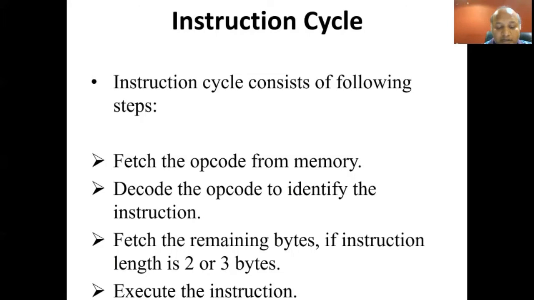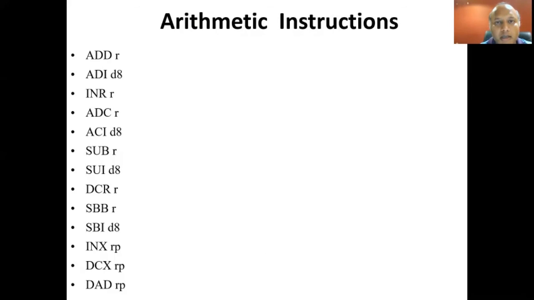In fact, after activating RD bar during the beginning of T2, the 8085 increments the PC value using the incremental logic. Thus, the PC value would have become C001H by the time the opcode is received in the instruction register. That is why it is said that the PC or program pointer points to the instruction to be executed next.